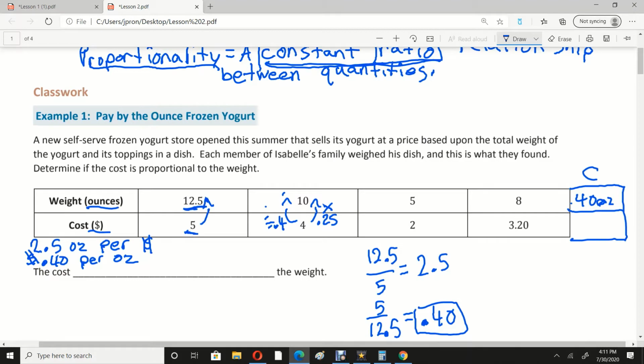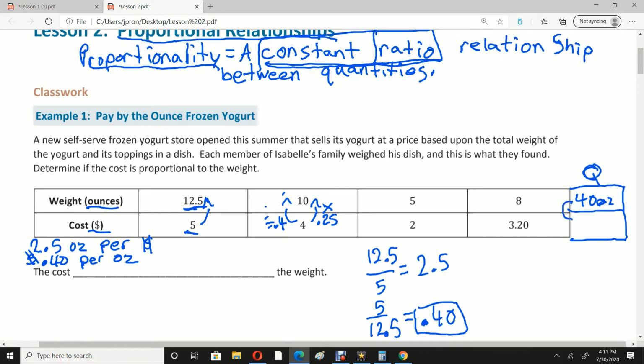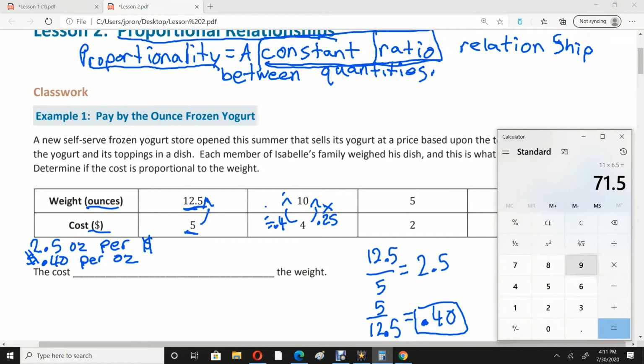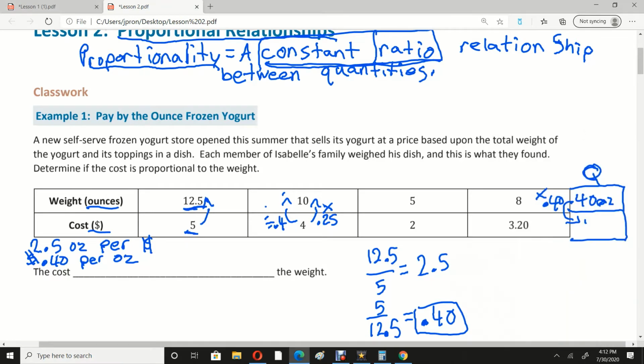So going back to the cousin problem, if cousin Quentin here got 40 ounces worth of frozen yogurt, we can multiply 40 ounces times 0.40 to get us a cost of 40 times 0.4. Yeah, Quentin spent 16 dollars. That's really not too outrageous for that much yogurt, I guess.